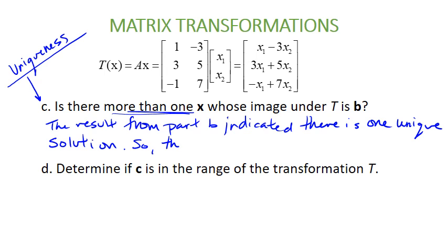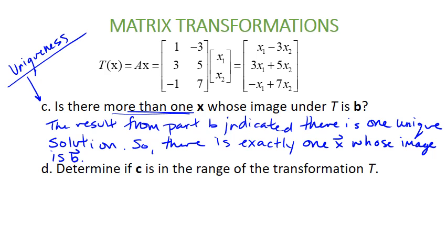So there is exactly one x whose image is B. And that answers that question.